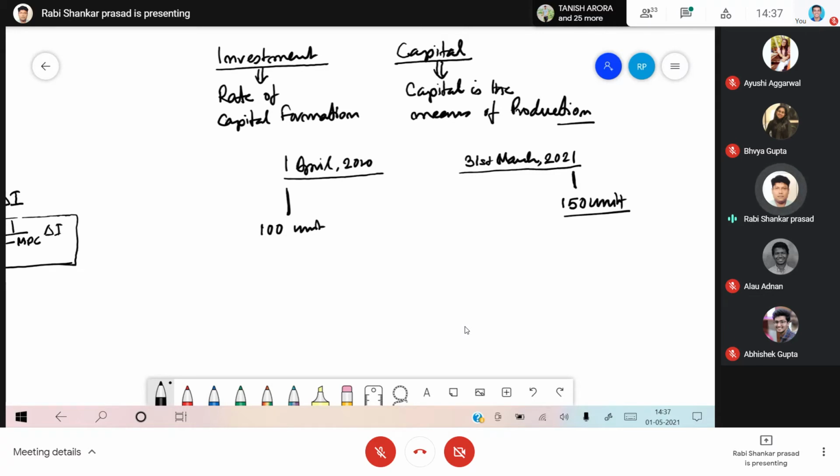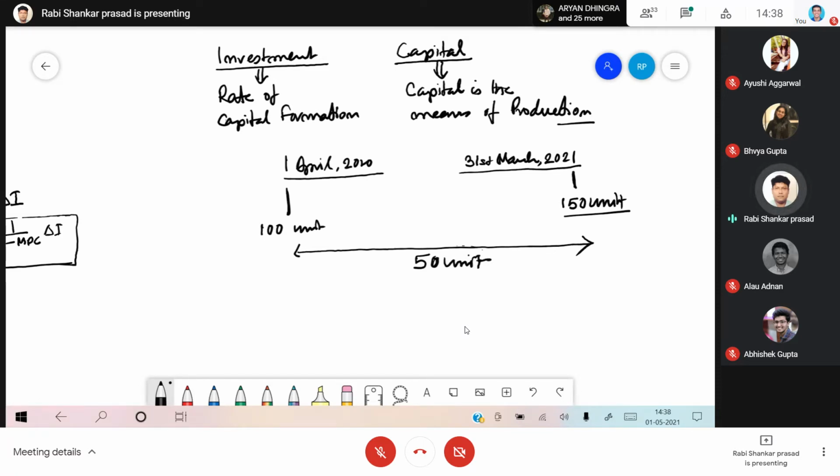When you measure at a point of time, it is capital: on 31st March, 150 units of capital; on 1st of April, 100 units of capital. But if I ask you what is the change in capital during this period, it is 50 units.